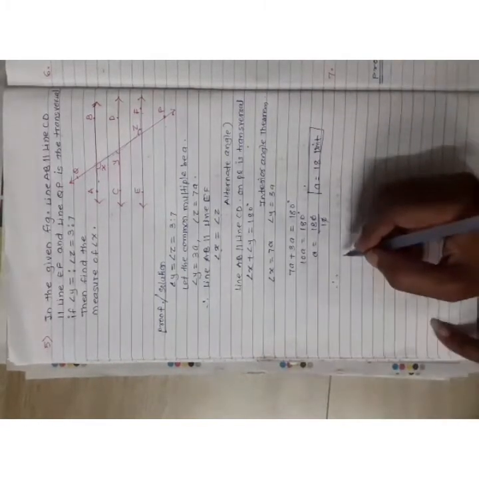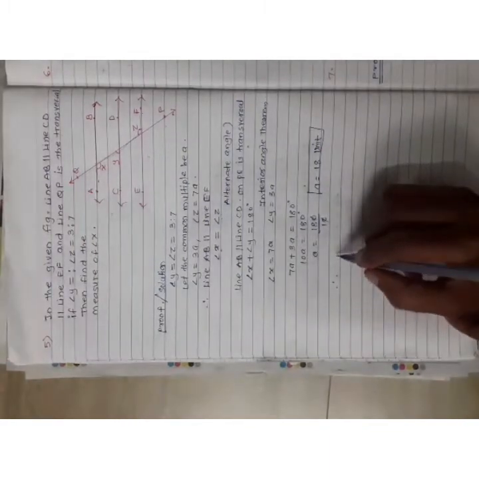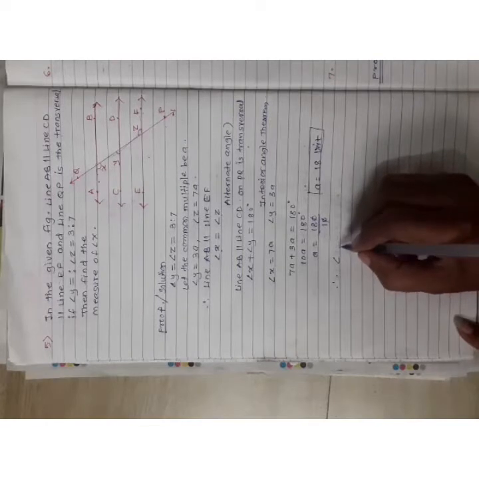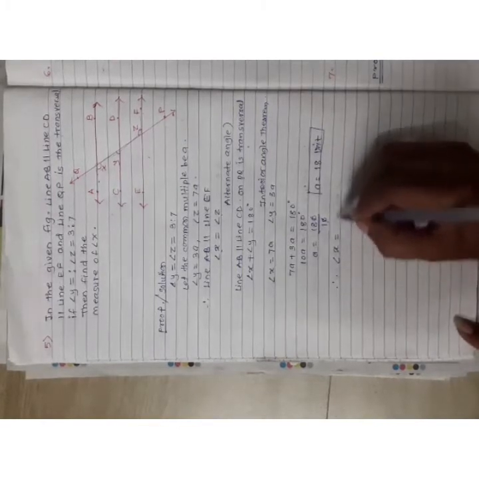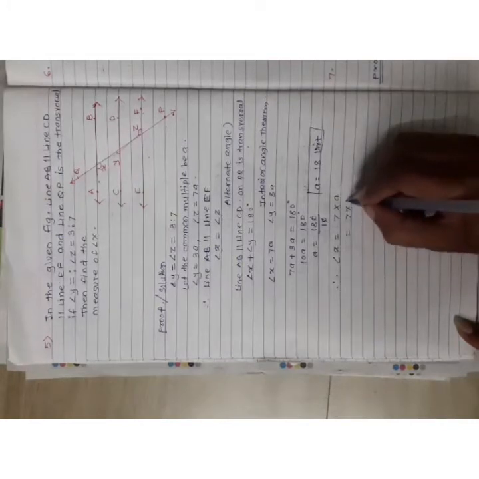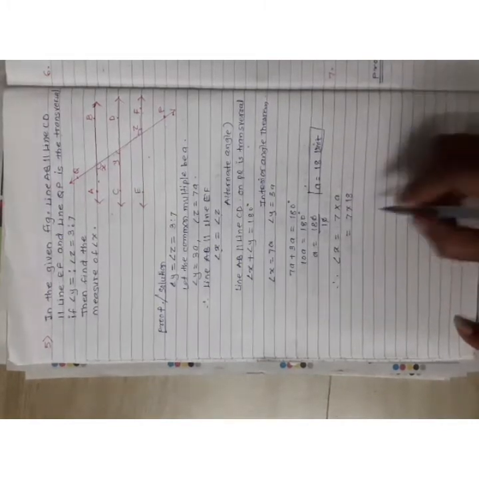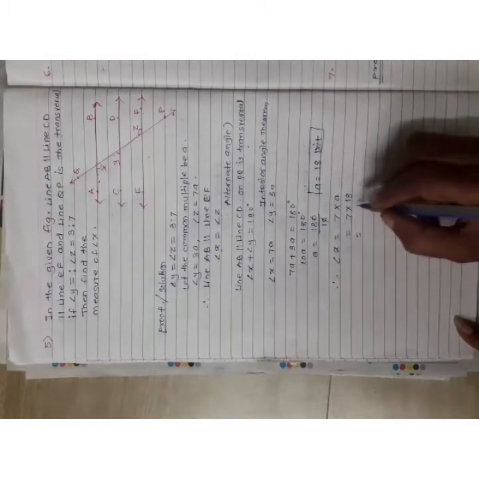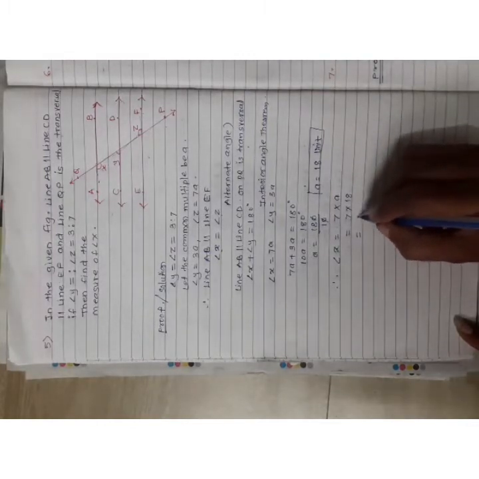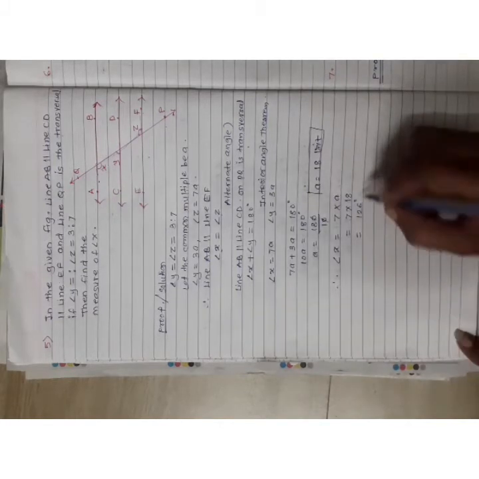Therefore angle X is equal to 7 multiplied by A, substituting the value 18. 7 into 18 is equal to 126 degrees.